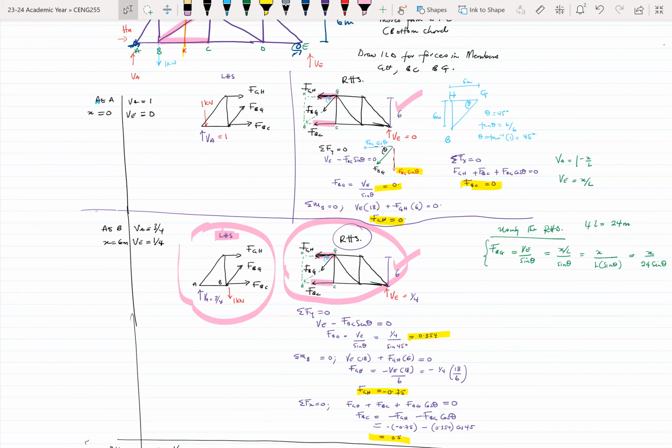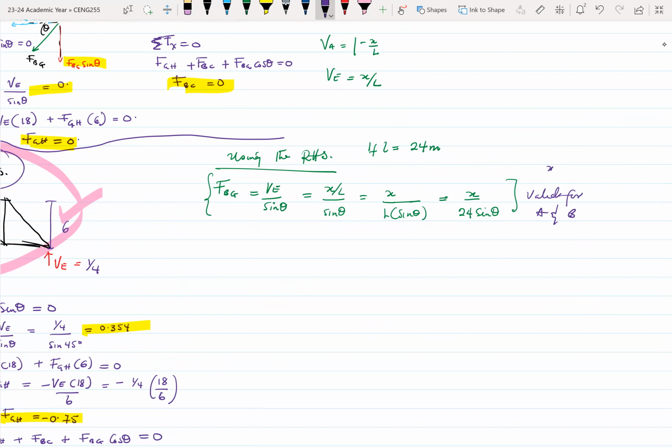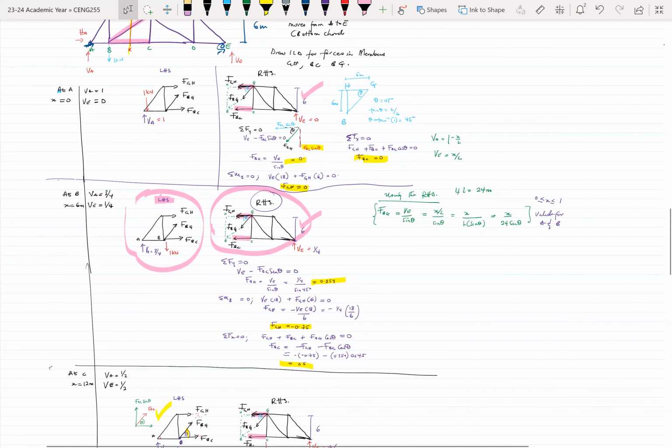We were using the right-hand side when our load moved from A to B. Once our load moved to C, we began using the left-hand side, which means that this equation is only valid between A and B, which means when x is from 0 to 6 meters.